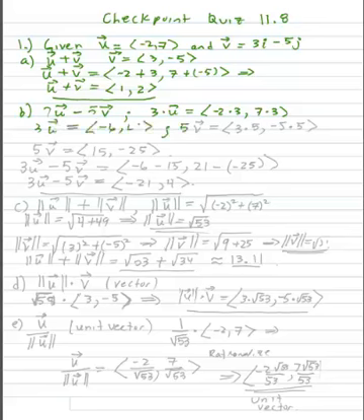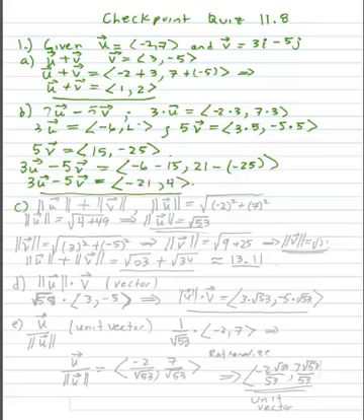Likewise, 5v, 3 times 5, -5 times 5. 5v is 15, -25. Therefore, 3u minus 5v is going to be -6 minus 15, 21 minus a -25. And simplifying, we get 3u minus 5v is -21, 46.